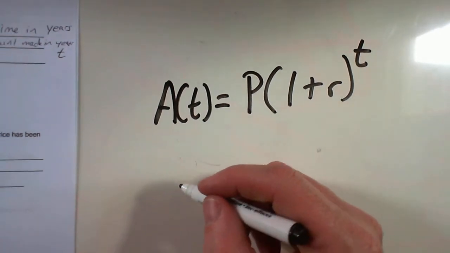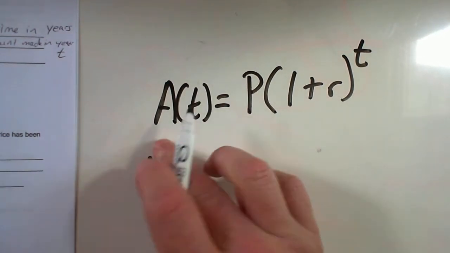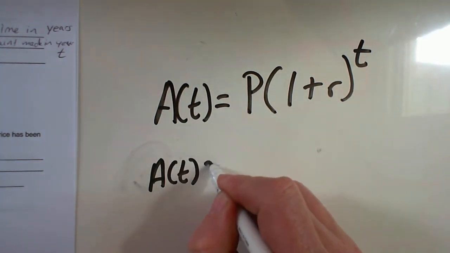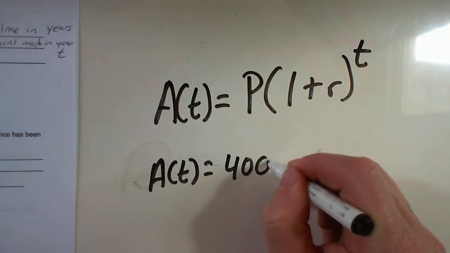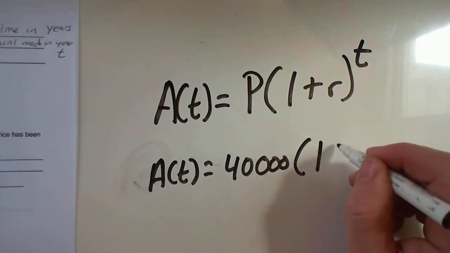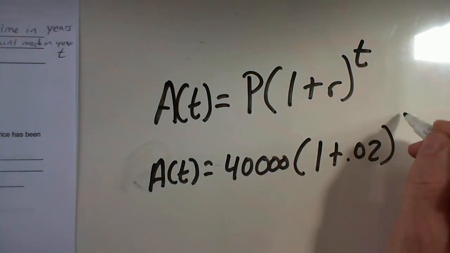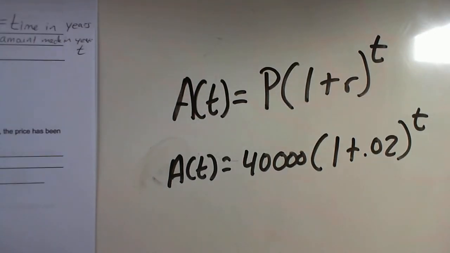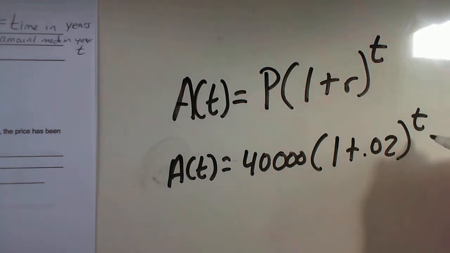So in this particular problem, that gives us A of t equals 40,000 times (1 plus 0.02) to the t power. That is the modeling function that we were looking for. What will you be making after 10 years?